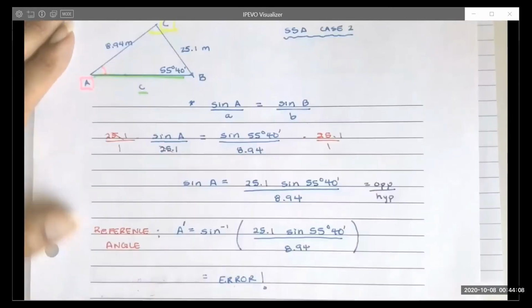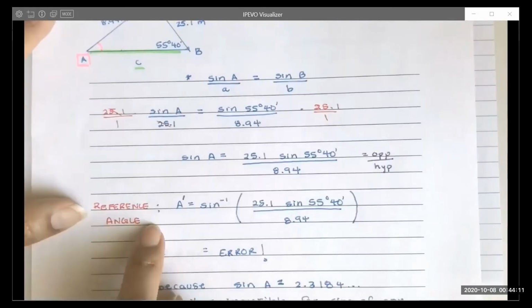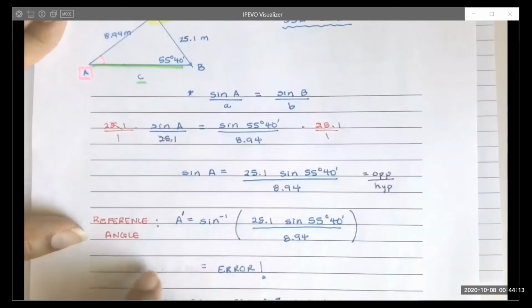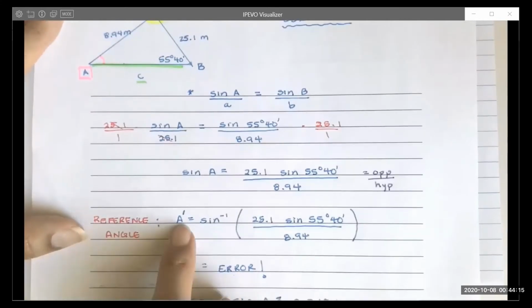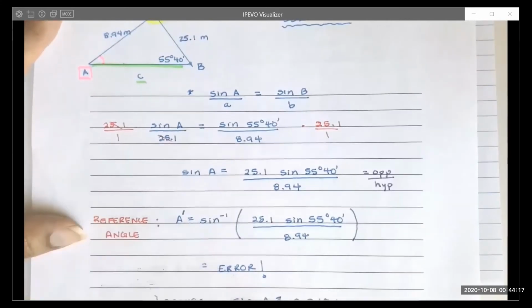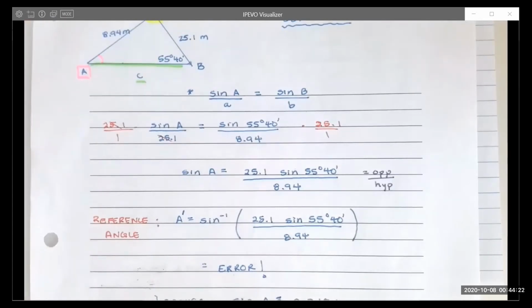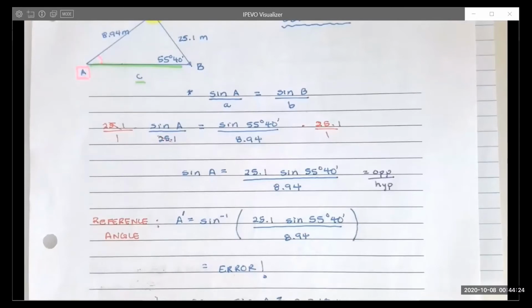Okay, so the way you're going to realize that there is no solution is if you get an error when you're calculating the reference angle. So do try to go back to example 4 and you can rework the problem and you'll see that there's no solution.